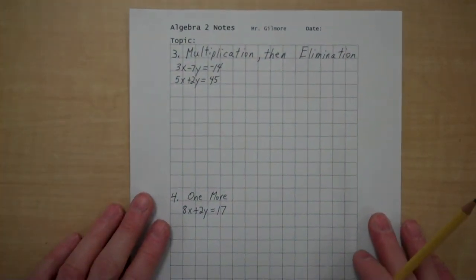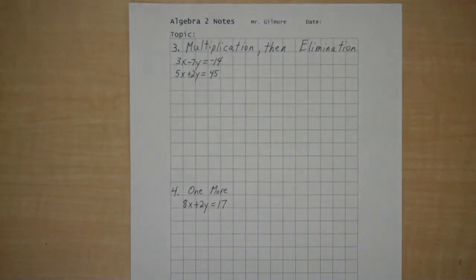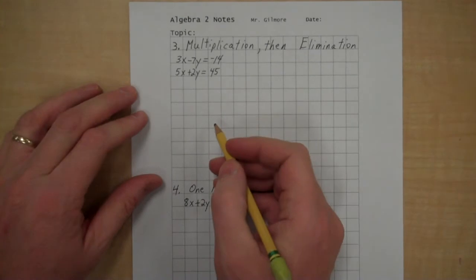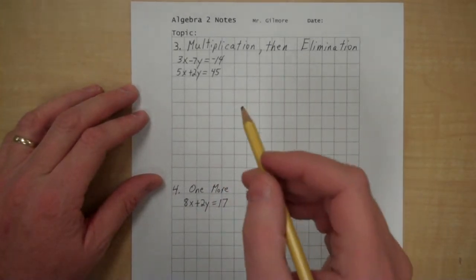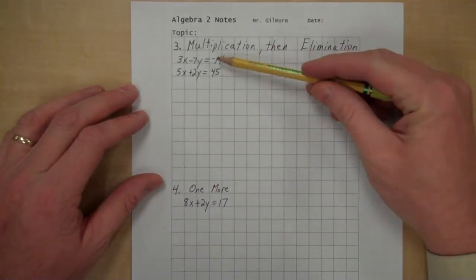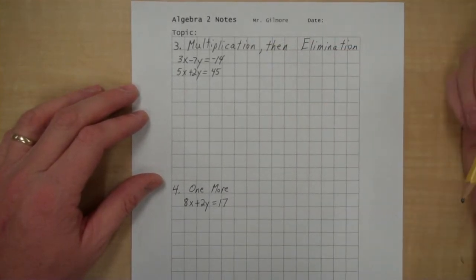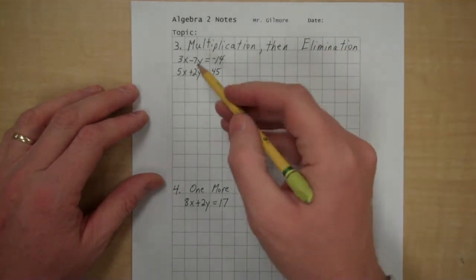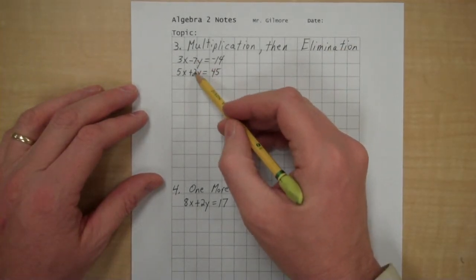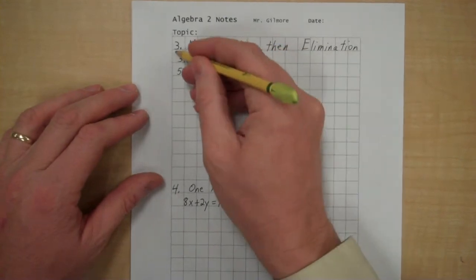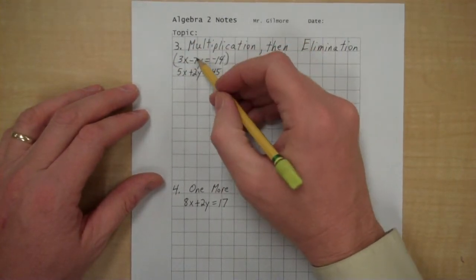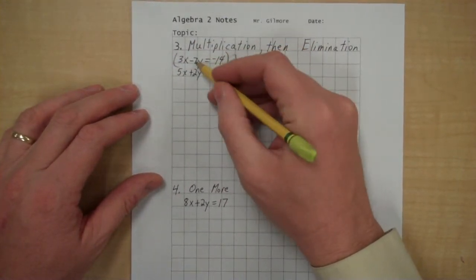Next example here is where we multiply and then we use elimination. And what that will require is you want to figure out a way so that you can add the two equations together and a variable will be eliminated. I'm going to go after the y's. If I multiply this entire equation by 2, I'm going to have negative 14y.